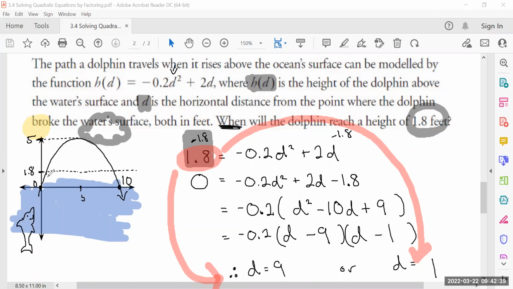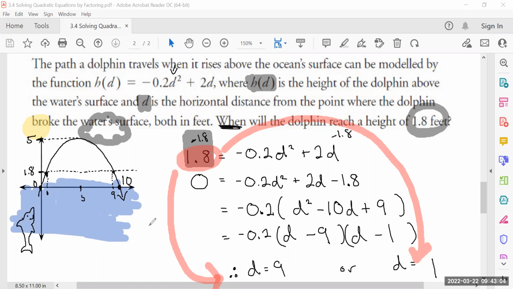Which means I will reach that height at 1 second, or at 9 seconds. So the math works out too. But remember, you always have to set it to 0 if you want to find those answers too.